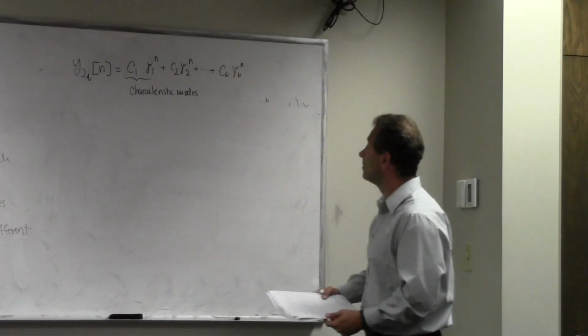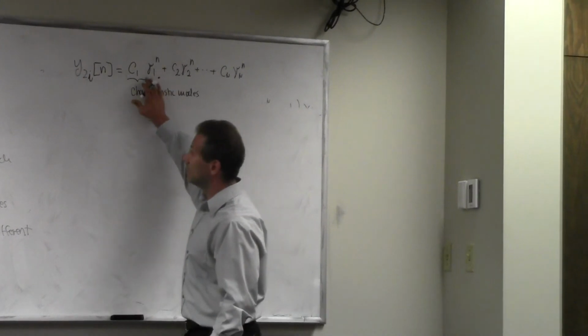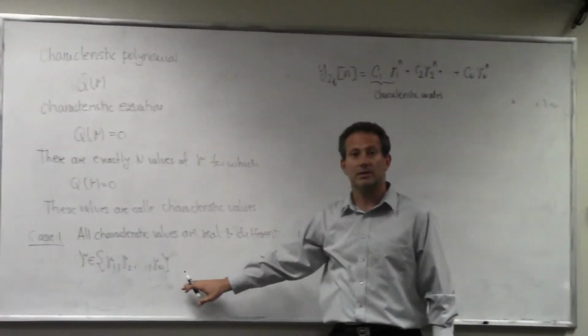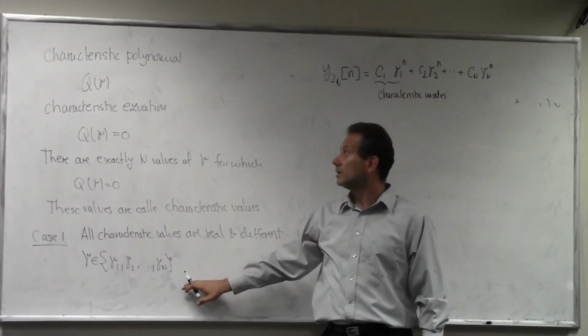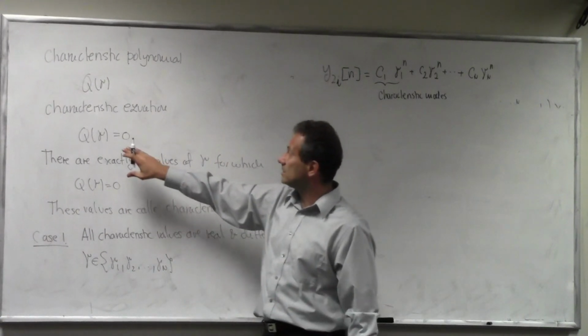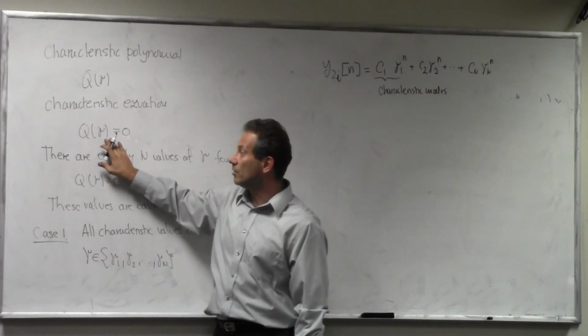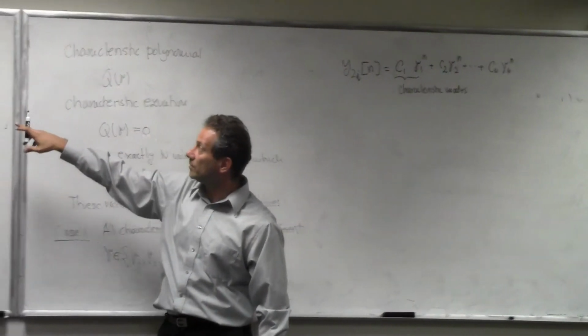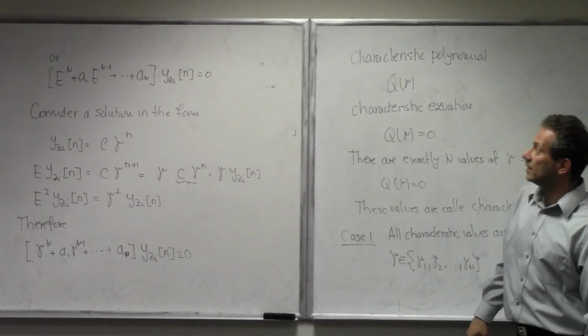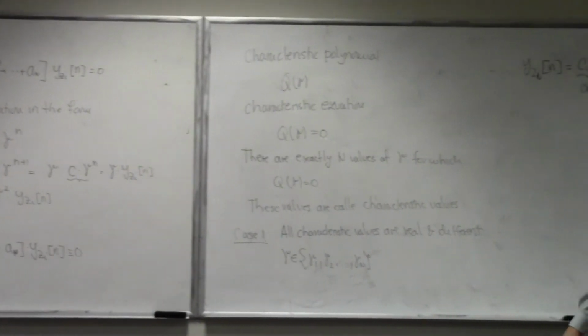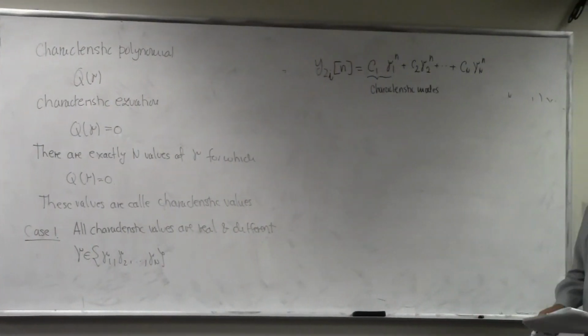Characteristic modes are in the form of gamma to the n, where gamma is the solution of your characteristic equation, which is the characteristic polynomial equal to 0, and the characteristic polynomial is the polynomial that is formed from the operators E on the left-hand side of the difference equation.